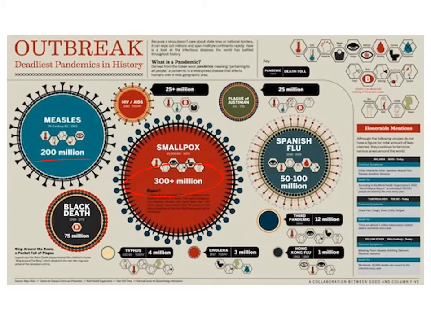Measles has killed 200 million. The Black Death or the Black Plague killed 75 million people, and that's hundreds of years ago, so a huge part of the population. Even the Spanish flu, which was in 1918, so 100 years ago, 50 to 100 million people died from that. I know a lot of people have died from coronavirus, but in the context of pandemics, it hasn't been many because of the things that we're able to do now.